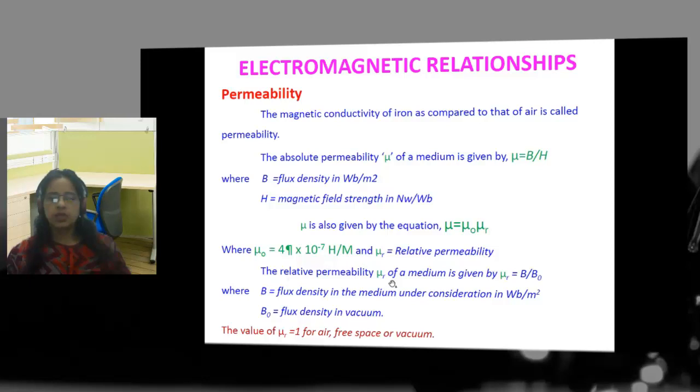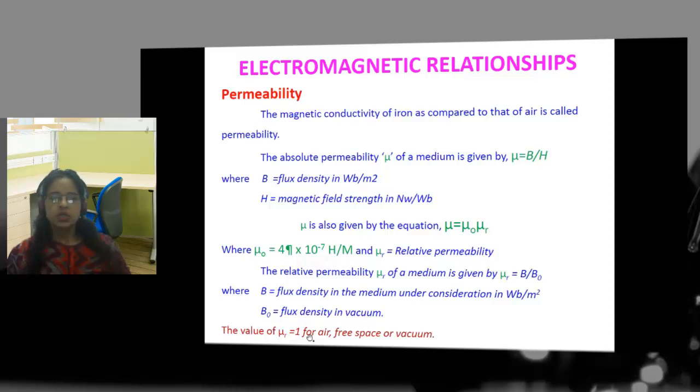The relative permeability mu R of a medium is given by B by B naught. These are all certain formulas which you may require for solving problems. These values will be given in the problem, so no need to worry; you only have to calculate using the given values. B is the flux density in the medium under consideration, and B naught is the flux density in vacuum.